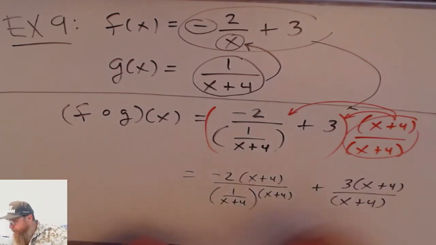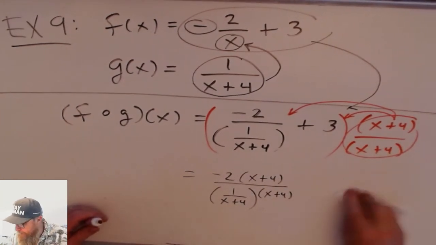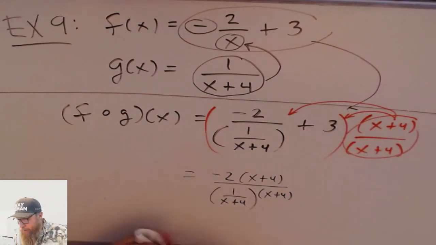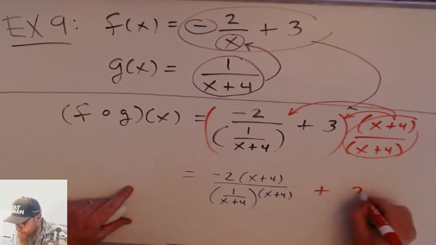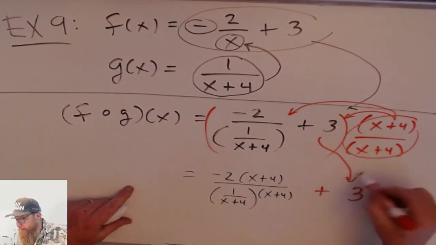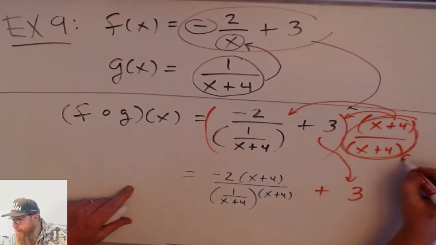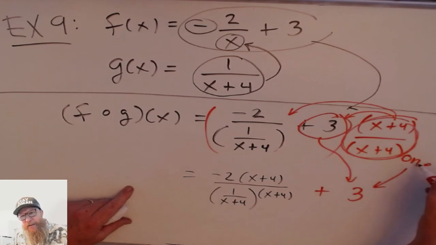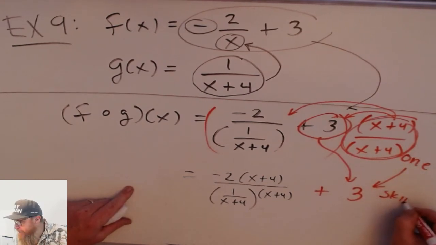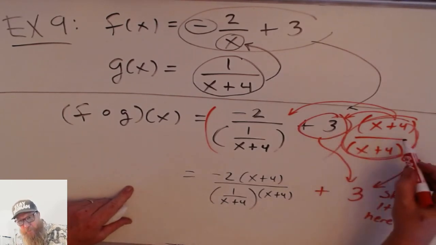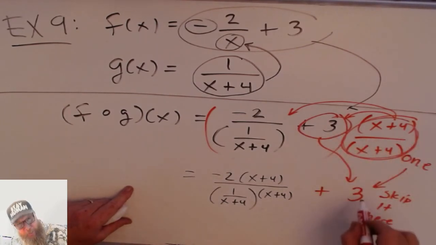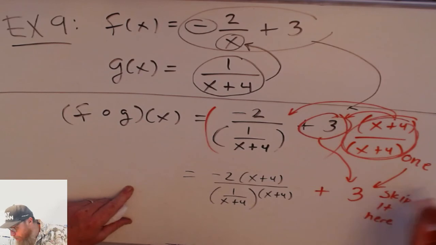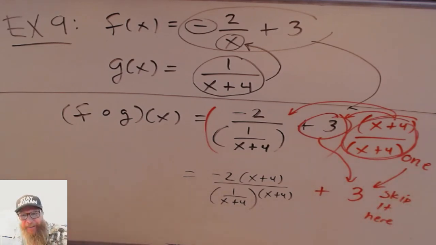And I want to make a correction really quickly. Since you are multiplying 3 times 1, you can just go ahead and skip it here. 3 times 1 is still just 3. I was going to cross those off, but I don't need to do that.